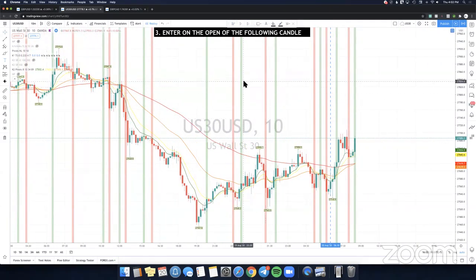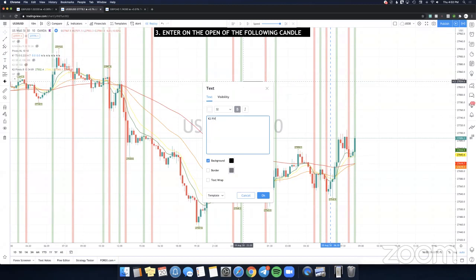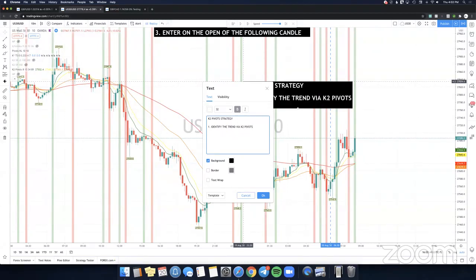So let's go over number 1, K2 pivots strategy. This can be used on all time frames if you want to scalp, intraday, or swing trade. It doesn't really matter. It's just up to you. Since it's based on momentum, it works on all time frames, all assets. So first, you want to identify the trend via the K2 pivots, and I'll go over that in a little bit.